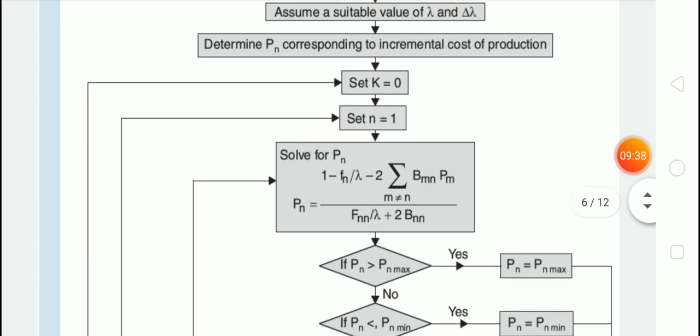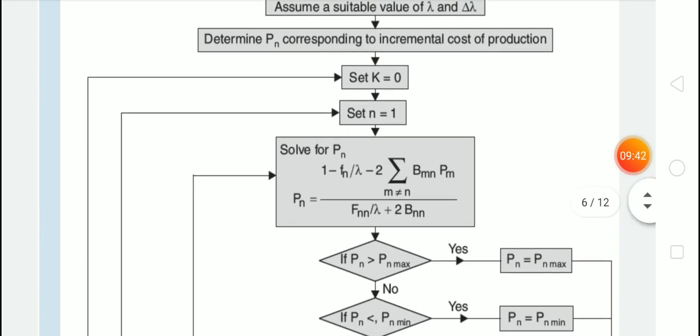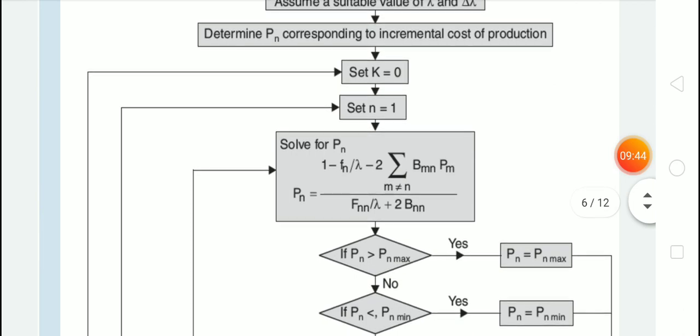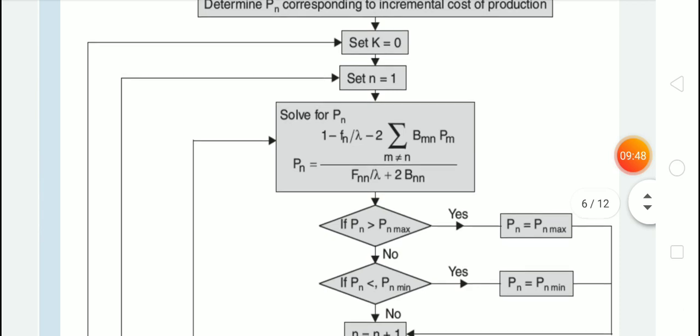Then check whether Pn is greater than Pn max. If it is greater than Pn max, we can substitute Pn as Pn max. Check whether Pn is less than Pn minimum. If it is less than Pn minimum, substitute Pn as Pn minimum.